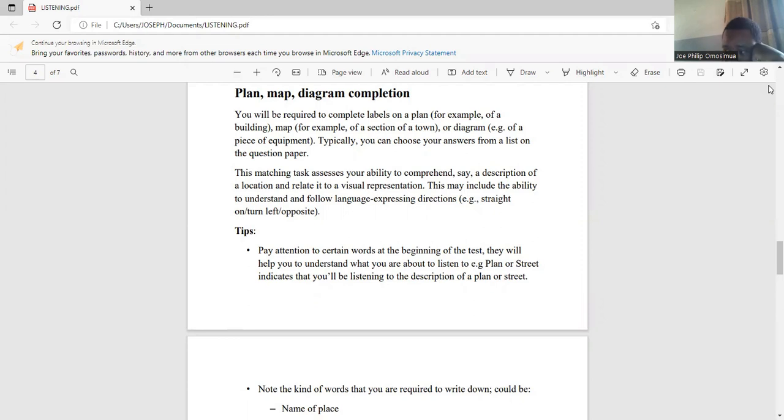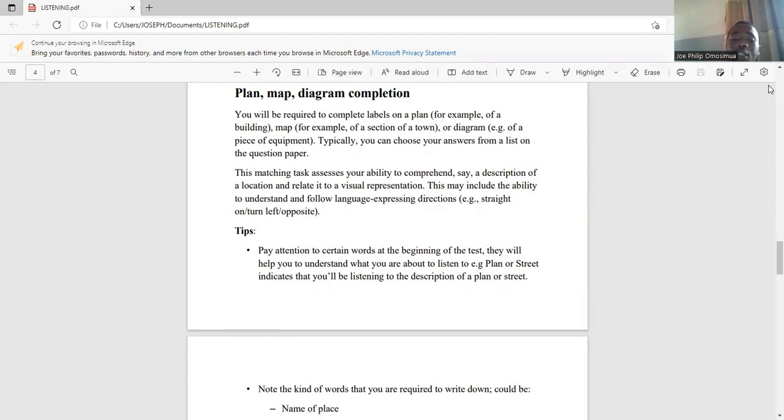Then next, this task assesses your ability to comprehend a diagram or a description of a location and relate it to a visual representation. A visual representation here is the diagram.